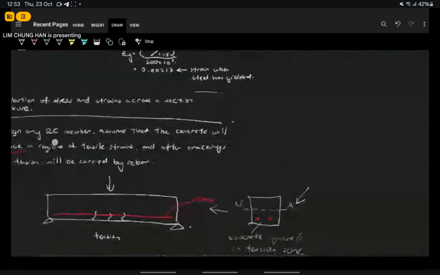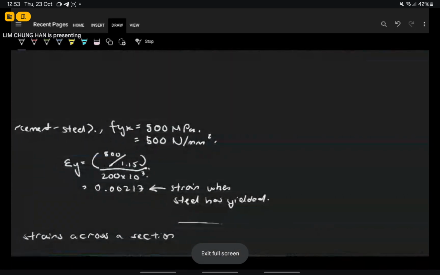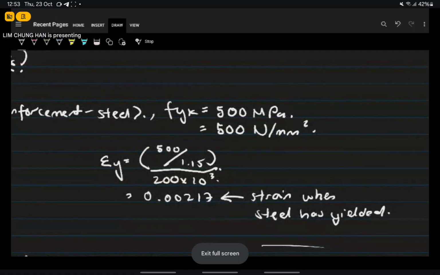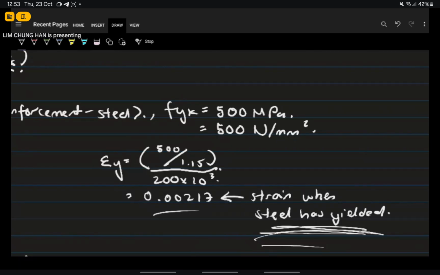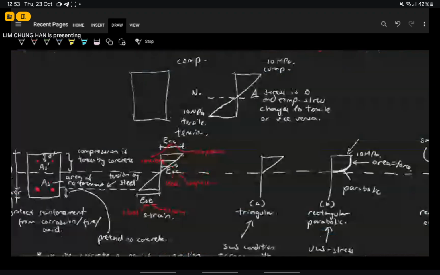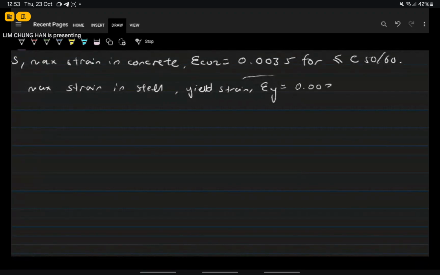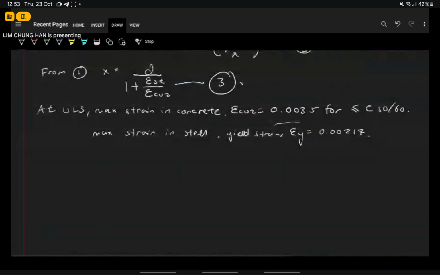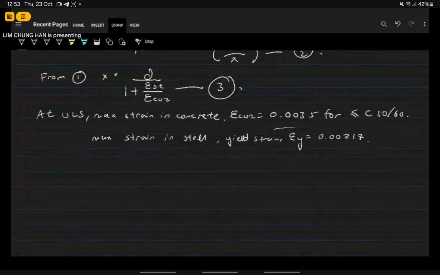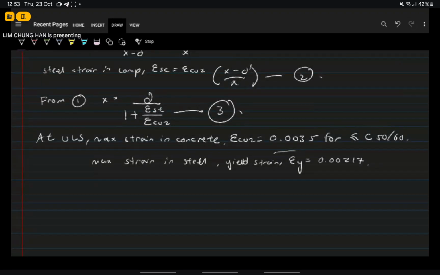I mentioned it earlier. When the steel has yielded, what is it? 0.00217. So now you put this in here. You put the bottom one in there.